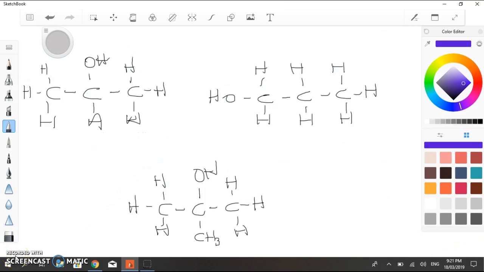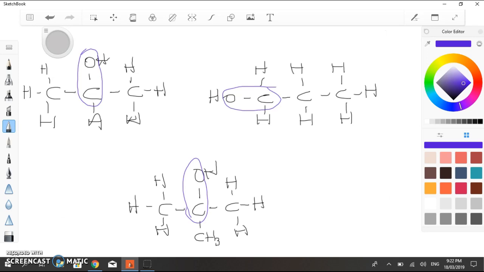Okay, so here we have some alcohols. I realise my drawing is not always the prettiest, but that's just what you get some days. A couple of things to notice. First off, our alcohol group is the OH. And what you will always see is the carbon bonded to the oxygen, never the hydrogen.